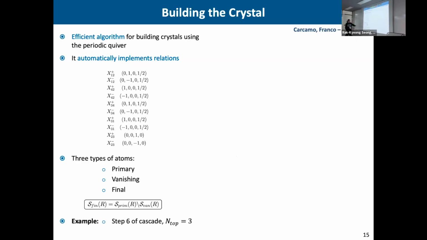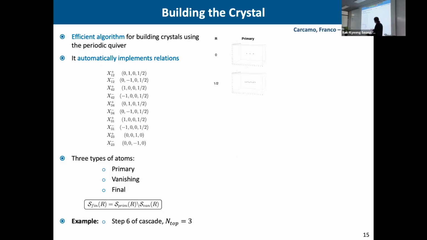Okay, so let me consider step 6 of the cascade, which corresponds to having 3 atoms at the top. Right, 3 Qs, and there are 4 Fermis, I guess. If you look at the operators at the beginning, there are 3 atoms that are equal to 0, which are just the Qs. I will set the Qs to 0, and they're at the top, so that's 3 atoms.